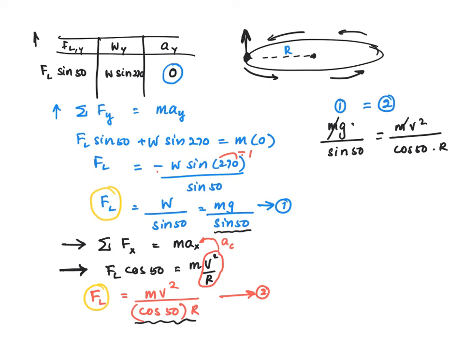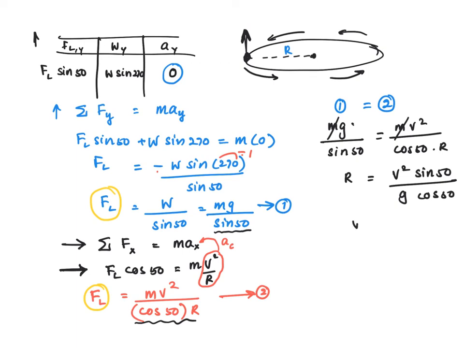Now the masses cancel out and we need to find r, and r would be v square sine 50 divided by g cosine 50.